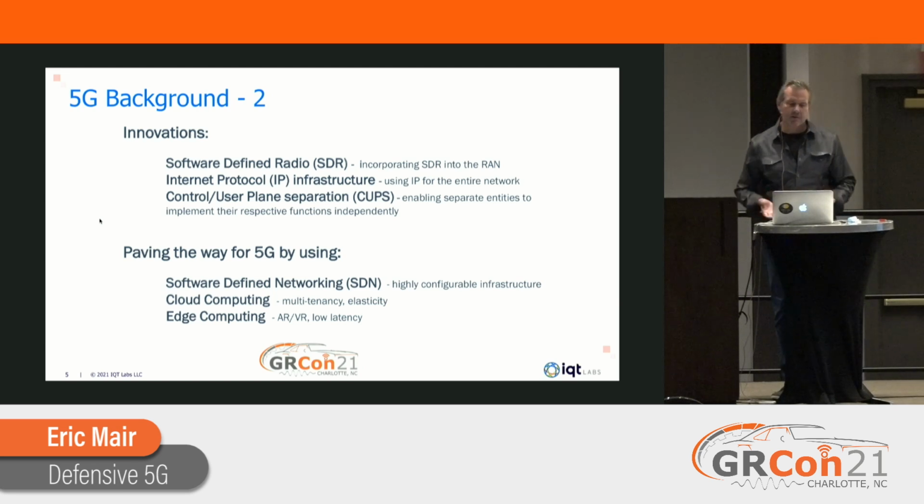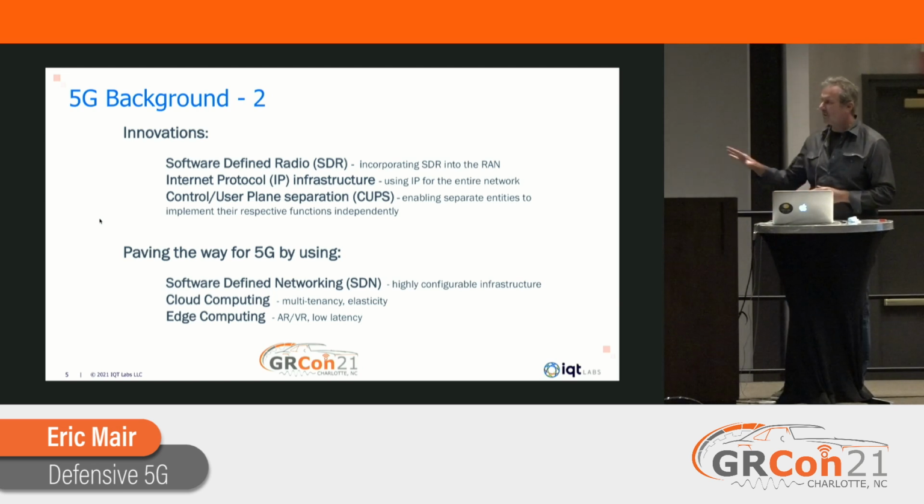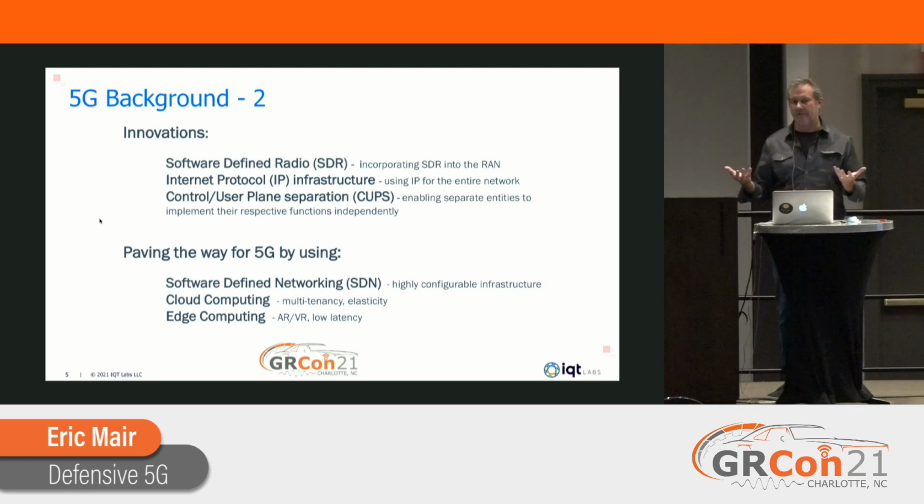And there's this thing called control and user plane separation, which will probably be clear later on. But basically what we're doing is we're separating the control and user plane functions and implementing them independently, which allows a lot more flexibility for network design. And also in some cases, it enables things like low latency, which is one of the things that 5G is promising.